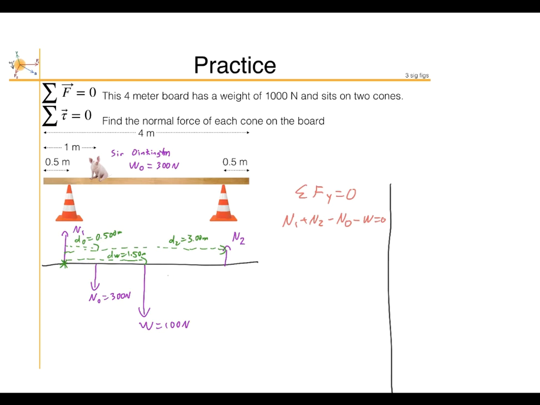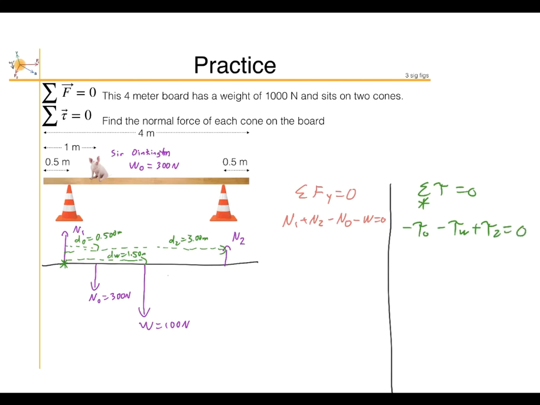So there are 2 unknowns there, right? We're going to do torque. What are we going to do torque around? The sum of the torques around that star at the far end again. So we get minus the torque of Oinkington because it points clockwise, minus the torque due to the weight, which is also clockwise, plus the torque due to N2, equal to 0.